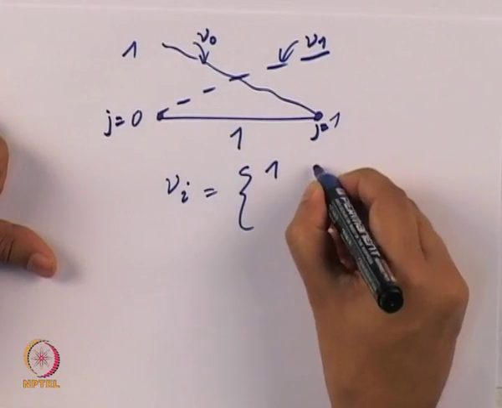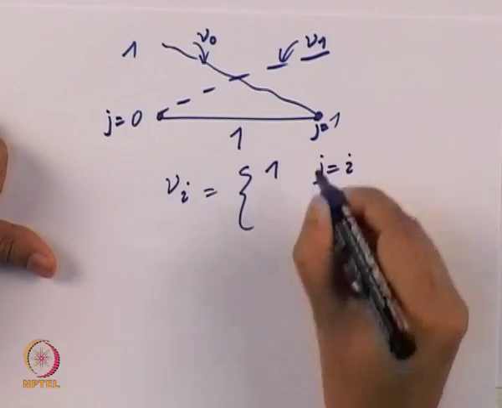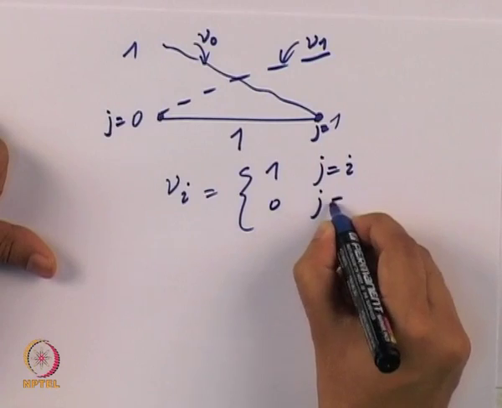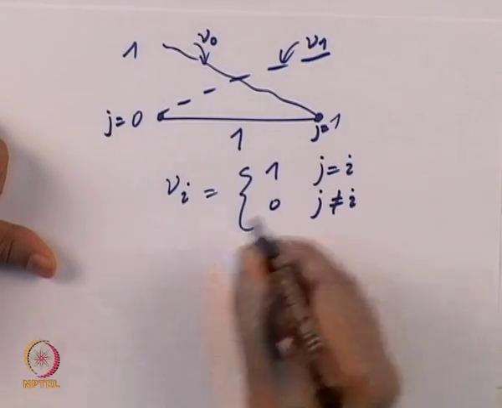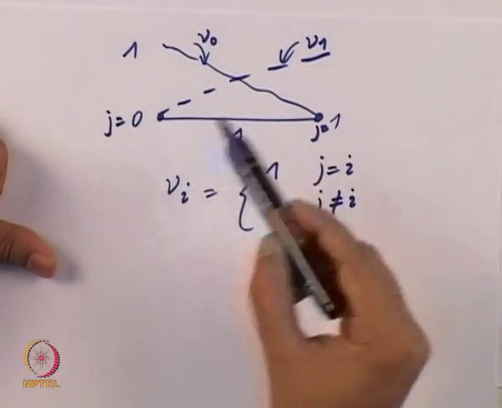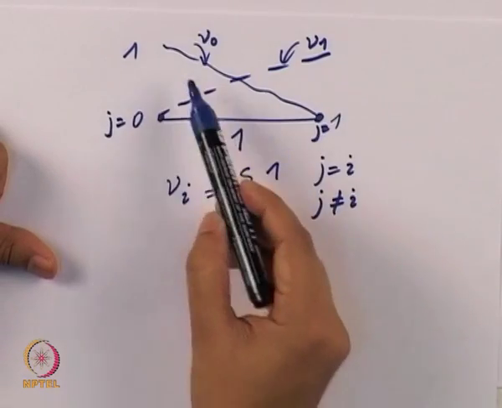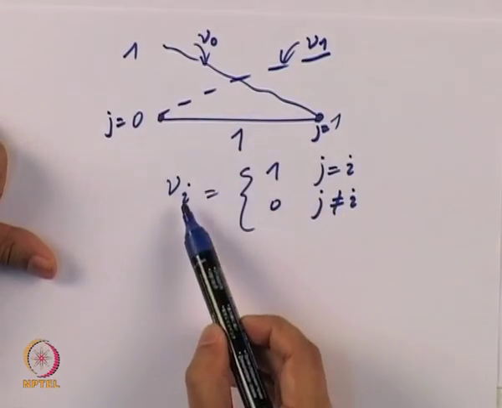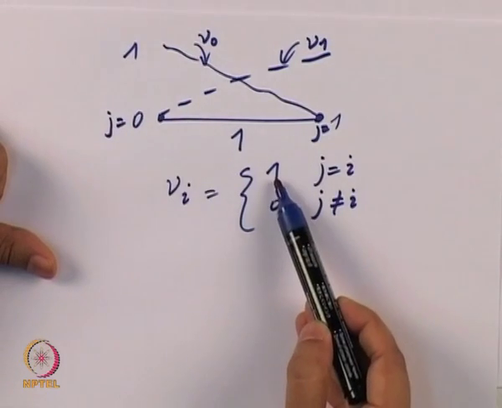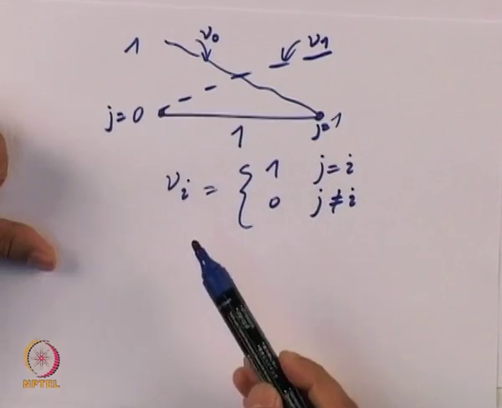So it is equal to 1 when j is equal to I, otherwise it will be 0 when j is not equal to I. This way we can say, within an element, which basis function will have the maximum contribution. In this case, v of 0 will be equal to 1 for the node when j is the same as I.